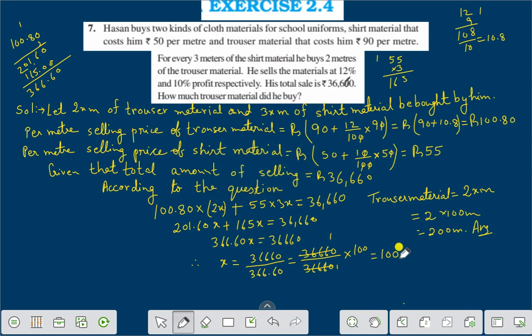Therefore the answer is, he bought 200 meter trouser material.